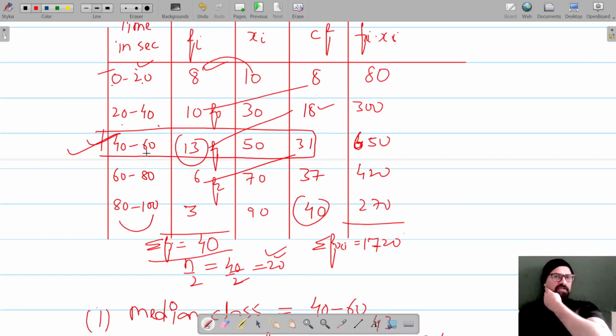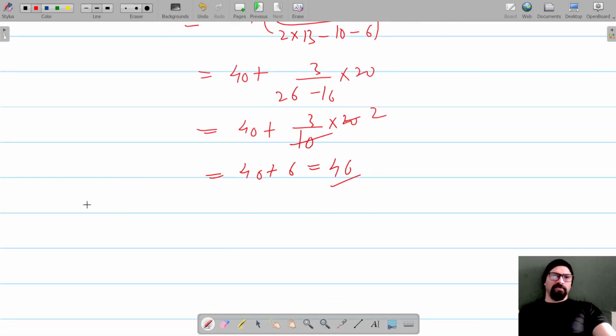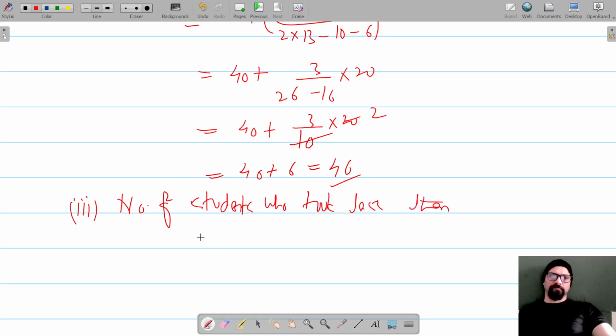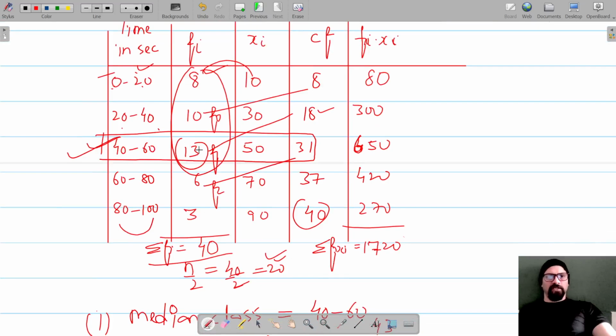So less than 60 seconds are 8, 10, and 13.